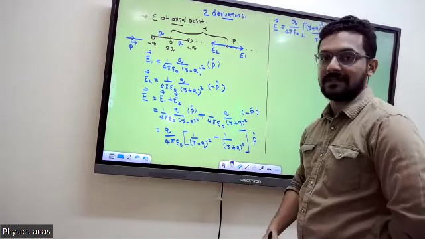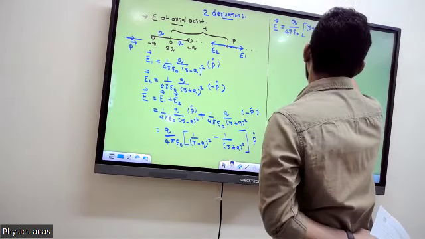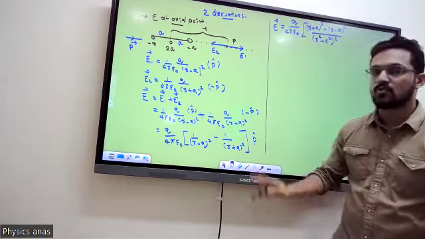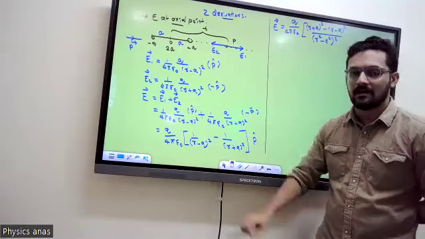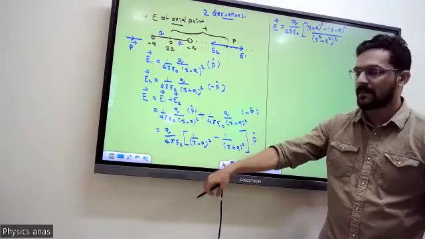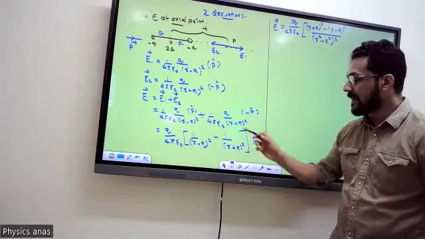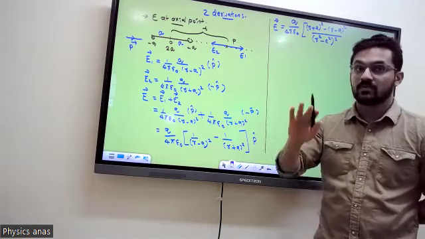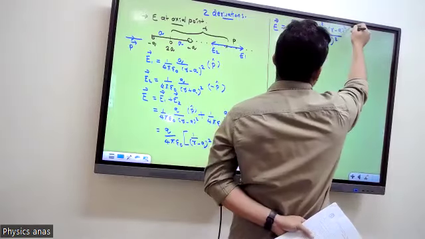Taking it twice, that is why there is a whole square: R square minus A square, the whole square.